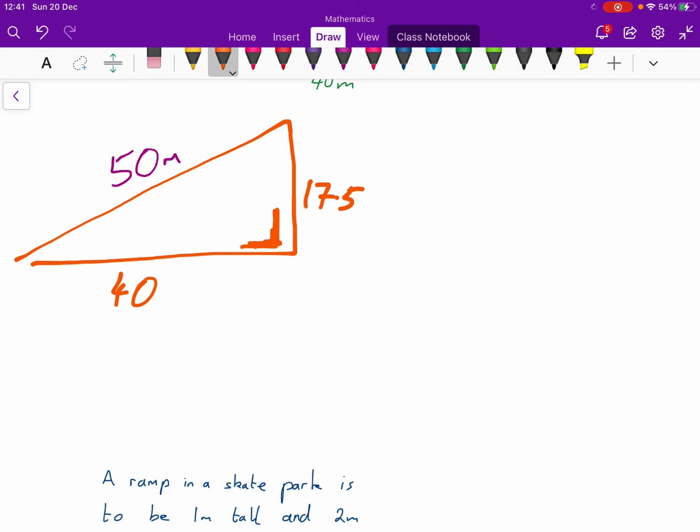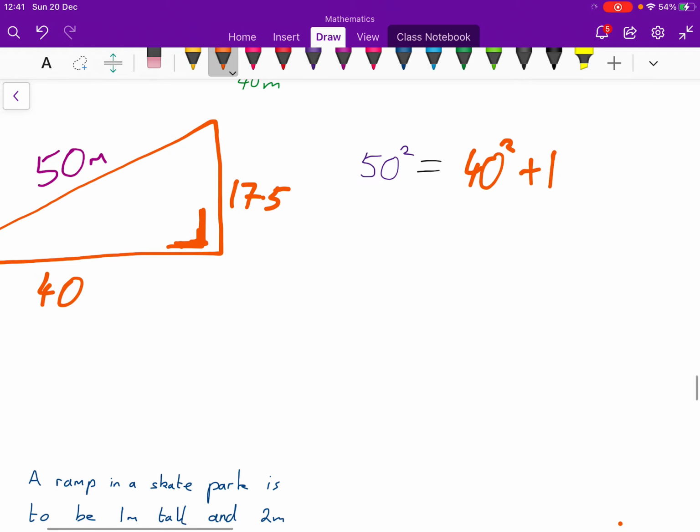We can let the 50, which is the longest one, be on its own. So that's going to be 50 squared. And then the other two sides, the 40 has to get squared, and the 17.5 also has to get squared. So we're squaring everything. So 40 squared in our calculator is 1600.